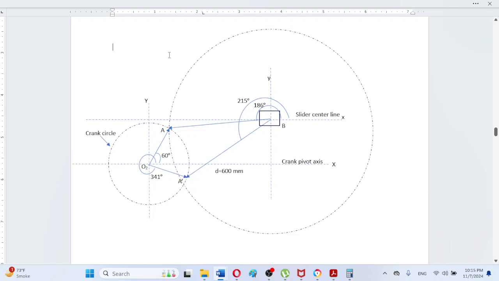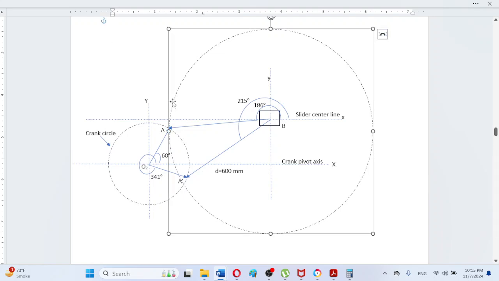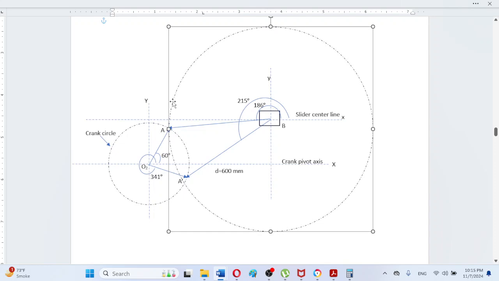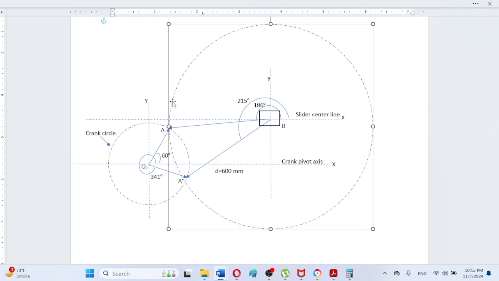Due to the movement of this diagram, the location has changed slightly, so we can simply move it here and like this.